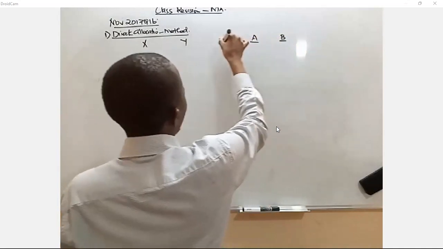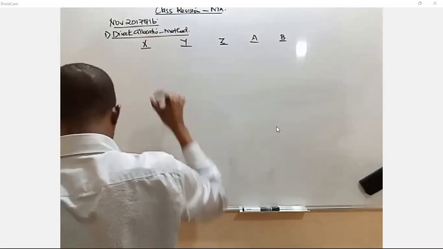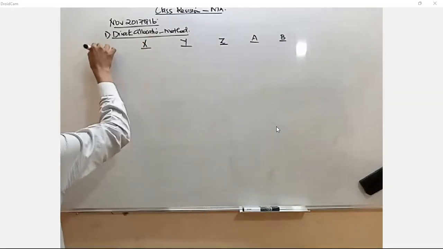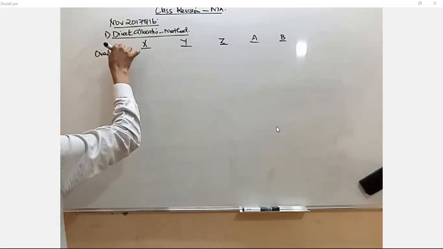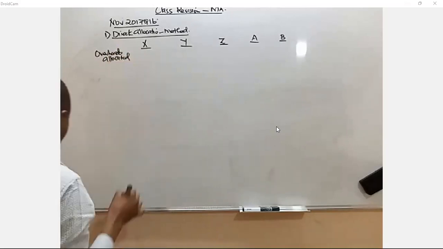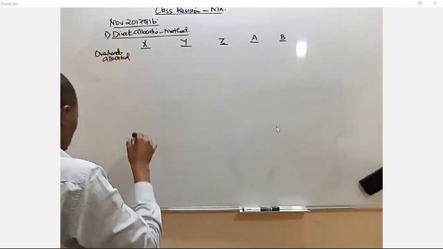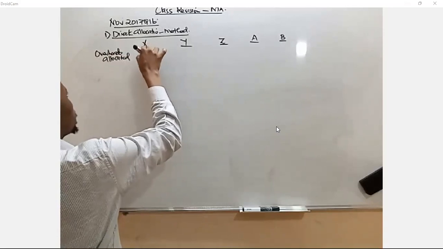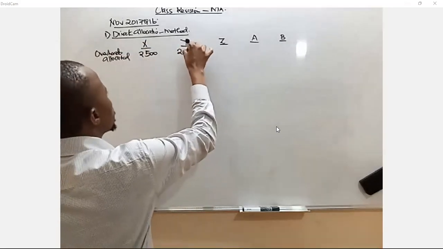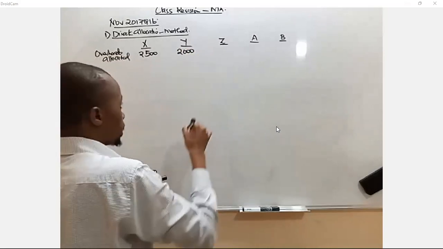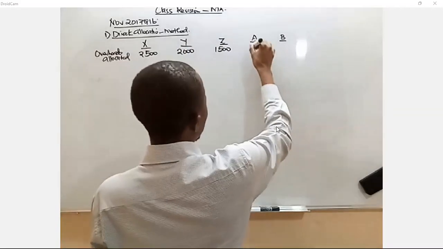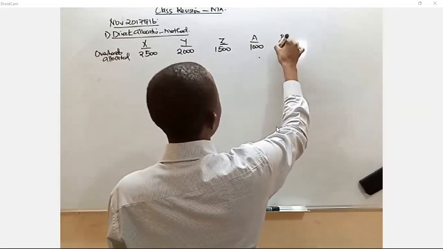For the direct allocation, it's very simple. The overhead allocated for each department is 2,500, 2,000, 1,500, and 1,780.